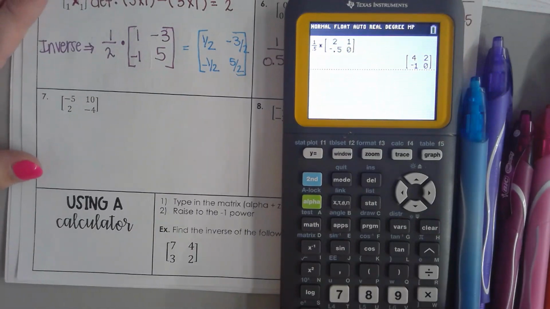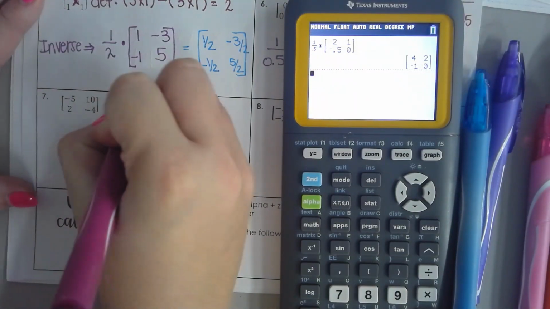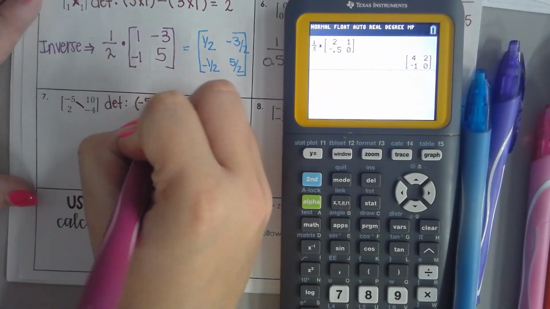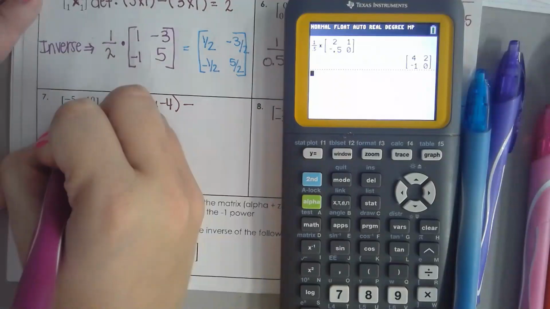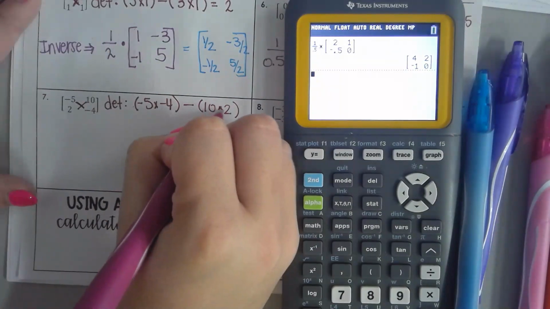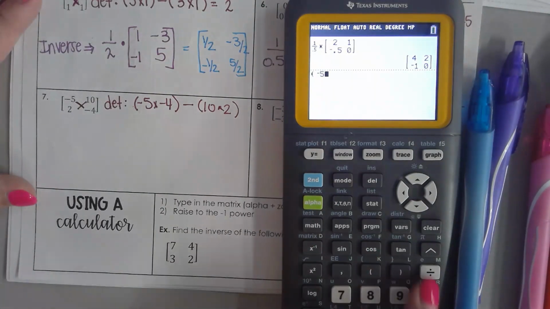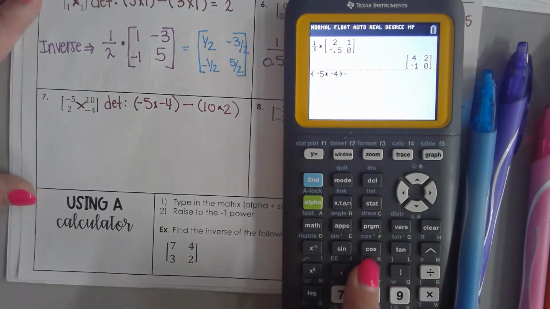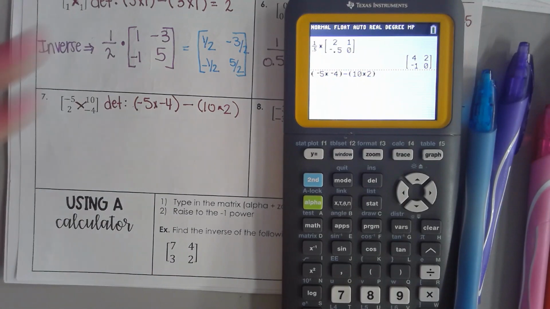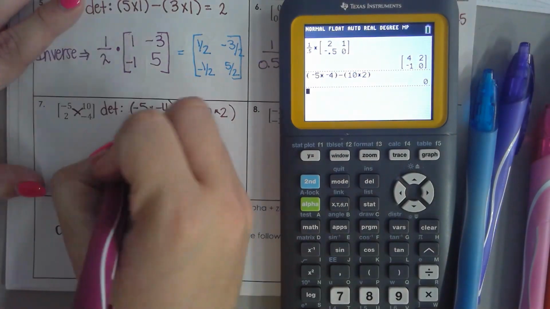Start by finding the determinant. -5 times -4 minus 10 times 2. And you get 0.